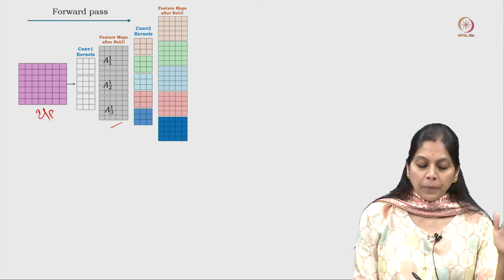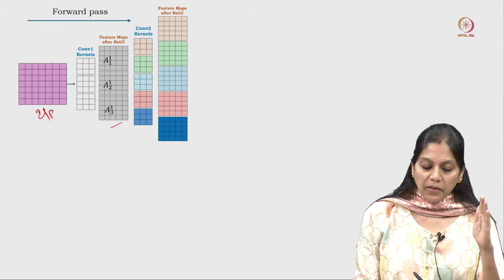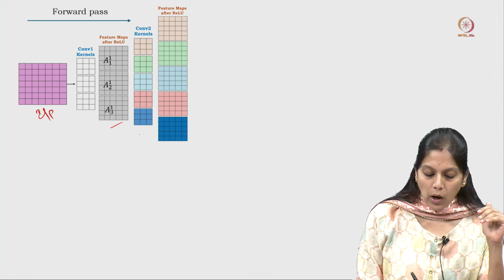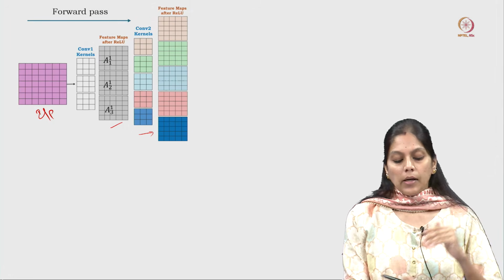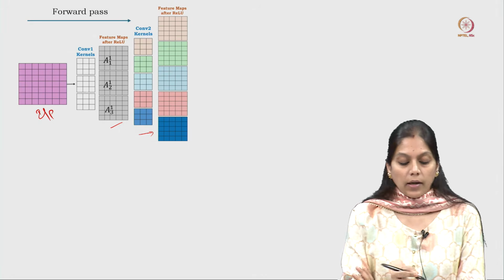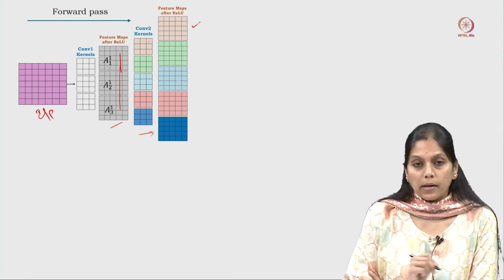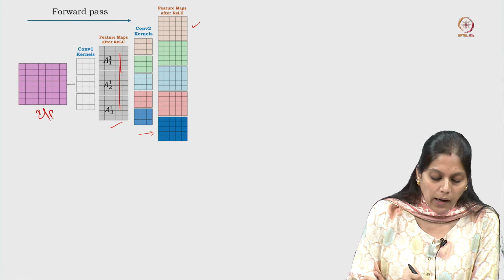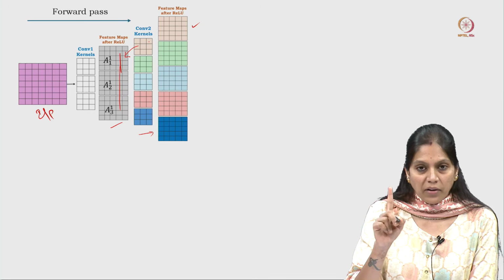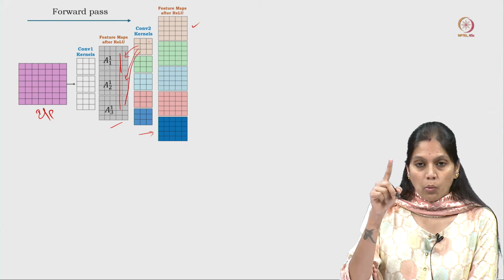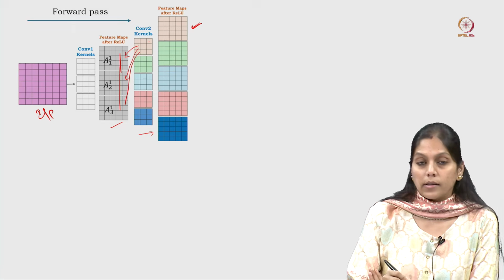These feature maps are now passed to the second convolution, which uses 5 kernels. How do you get this? When the kernel is applied onto all of these feature maps, you get this matrix. When the kernel is applied on this, you get 1 feature map. When applied on this, you get 1 more. When you apply on this, finally you do an element-wise addition and then you get this.